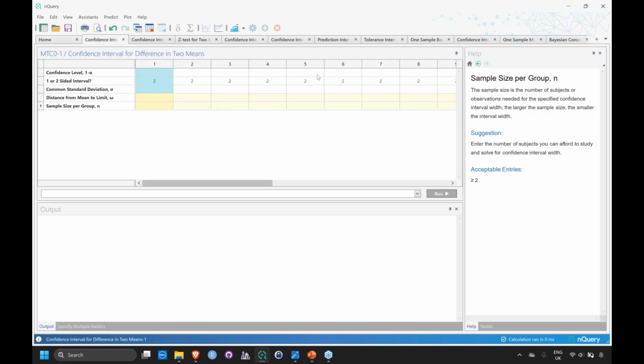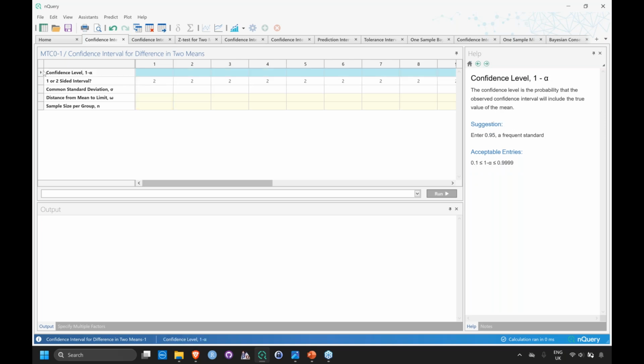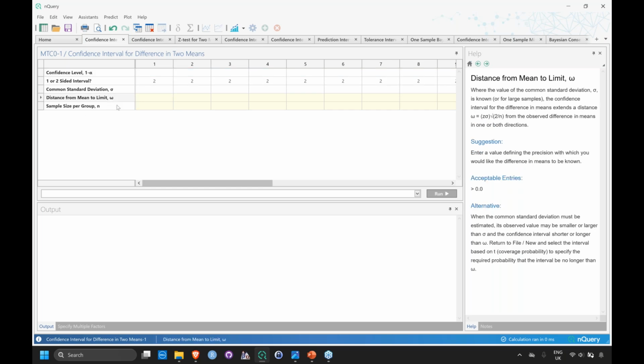All of the nQuery procedures follow this spreadsheet-like input-output format, where each row corresponds to a parameter where you can enter a value. The rows in yellow are the quantities that can be solved for, so in this case, omega and n. And if we had any gray rows, then they'd indicate that the quantity is read-only.